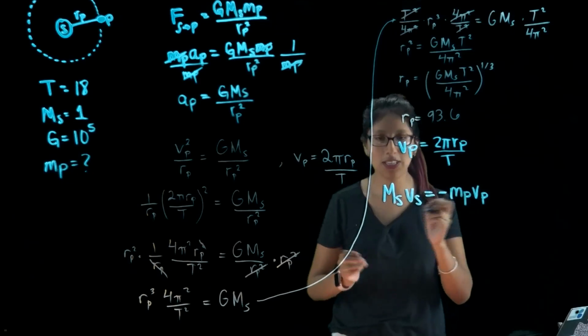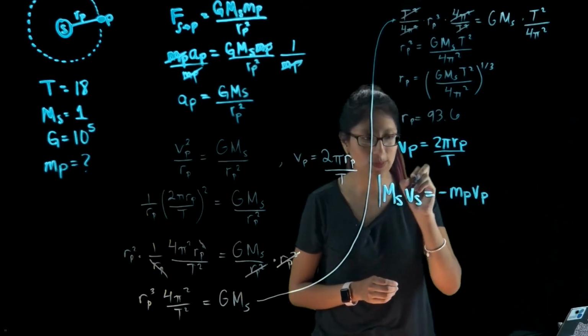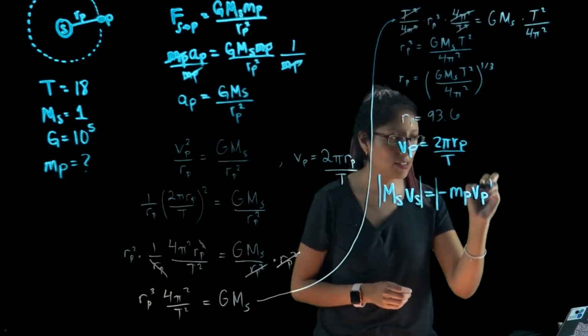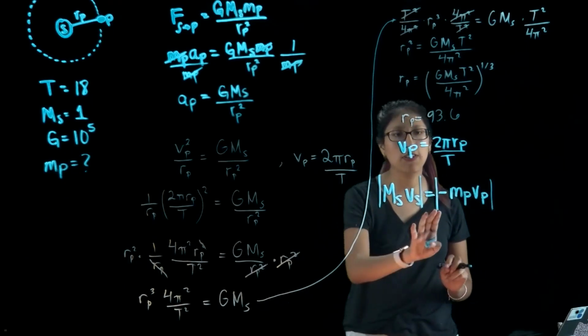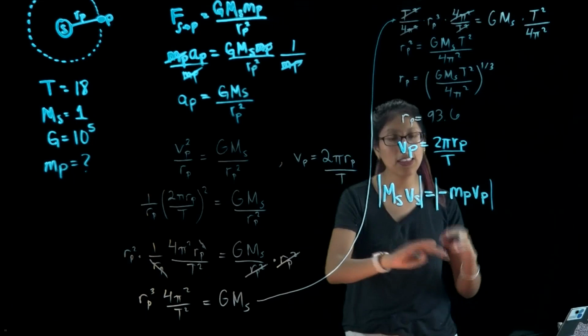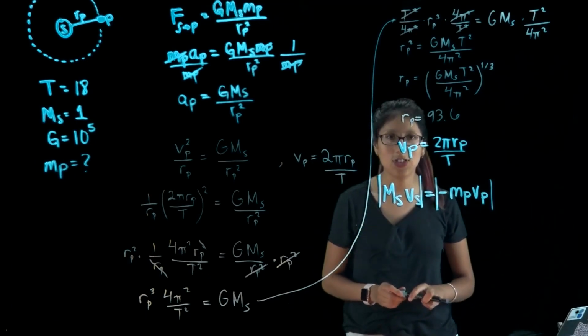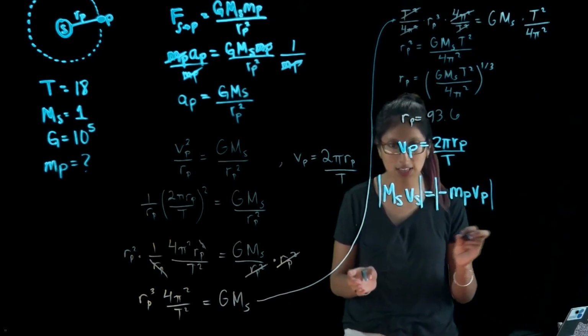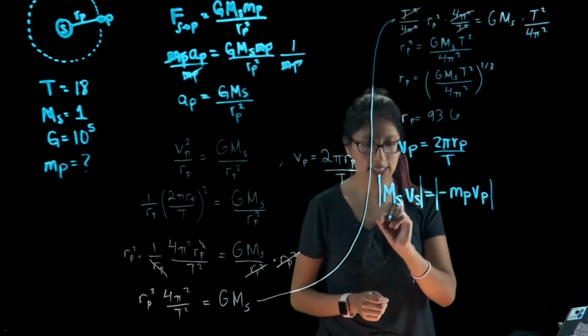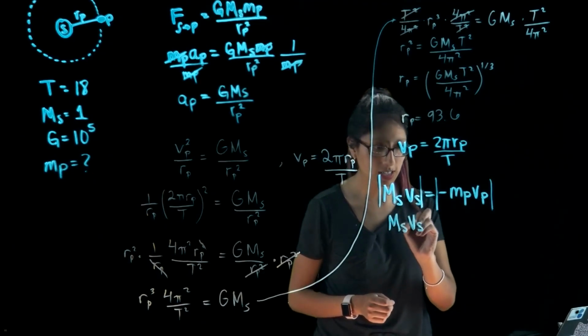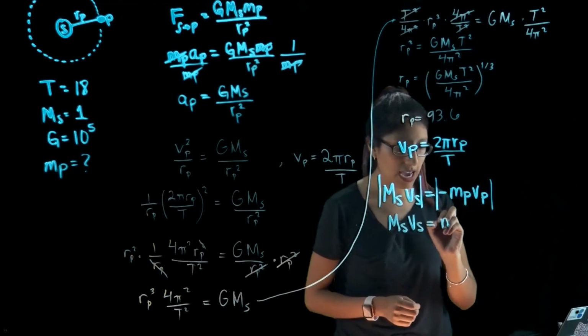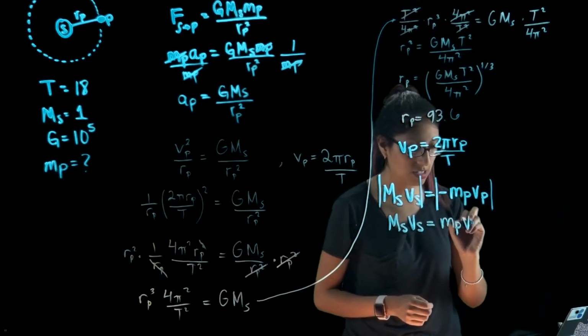A way to get rid of that negative is by taking the absolute value of these quantities. That will get rid of the negative and the direction and just give us the magnitude of everything. So we can write this as the mass of the sun times the velocity of the sun equals the mass of the planet times the velocity of the planet.